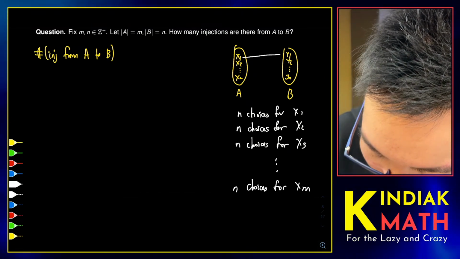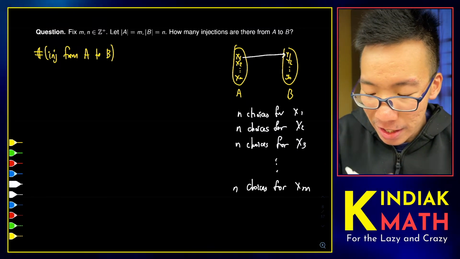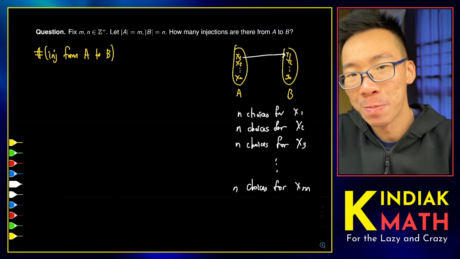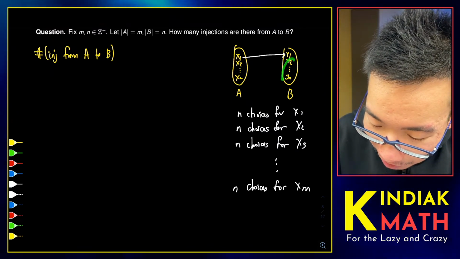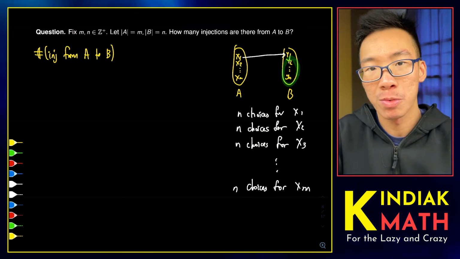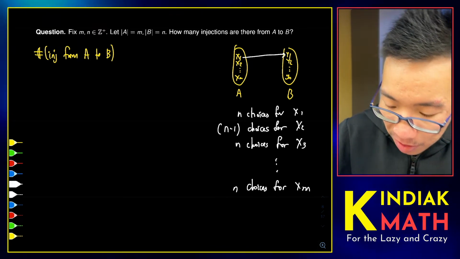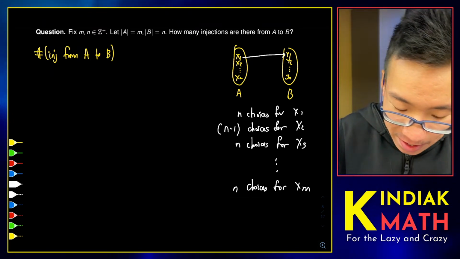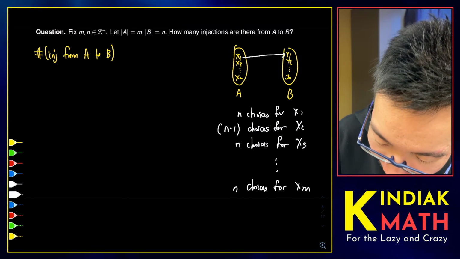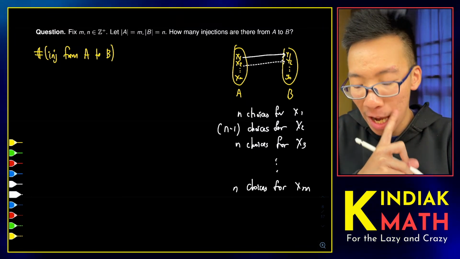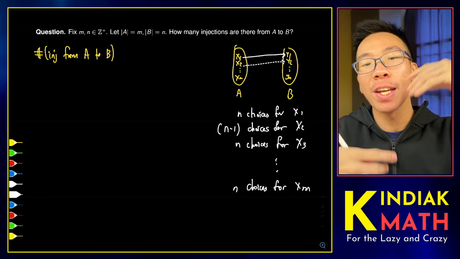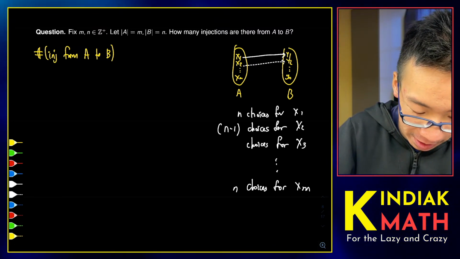Firstly, if x1 were to point to any other number, now we don't have n choices for x2. Now we'll only have n minus 1 choices for x2. So this will become n minus 1. And instead of n choices for x3, it will be n minus 2 choices for x3.